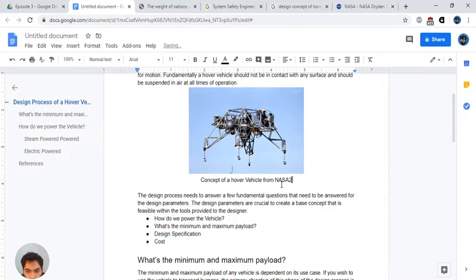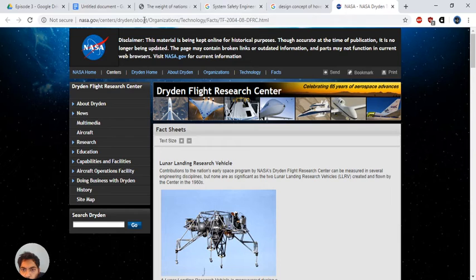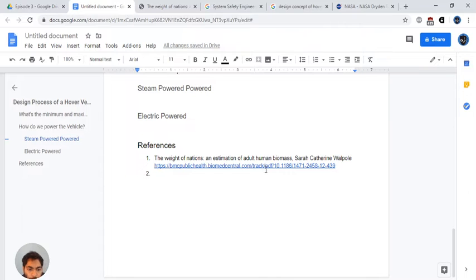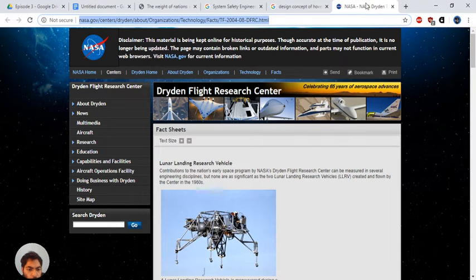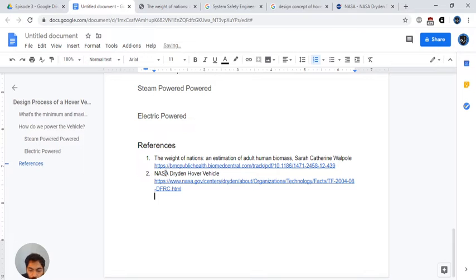Let's go to here. I know it's not a hover vehicle, but for me, it's a hover vehicle.